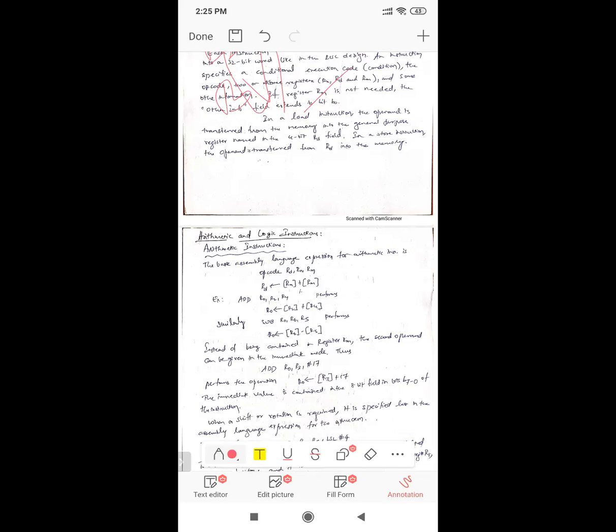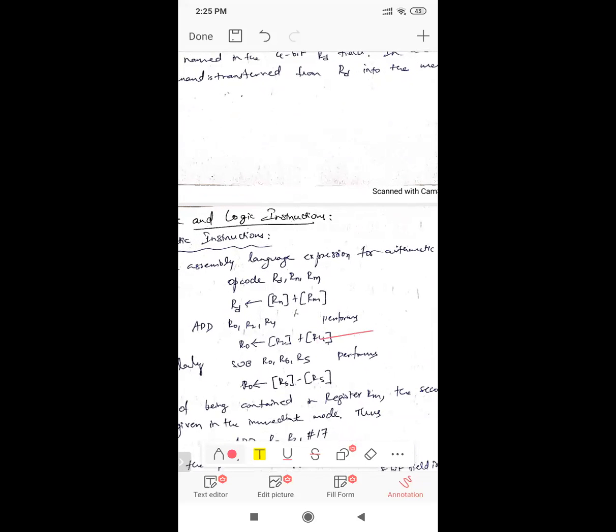Opcodes like add, subtract, and mul. And this is opcode, RD, RN, RM. RN and RM are used as source registers.